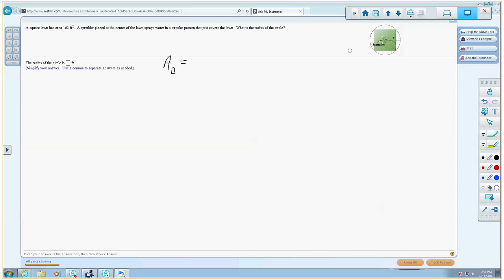In this case, this is a square, so it's S times S, two sides multiplied together, or S squared. The area of a circle is equal to pi r squared.